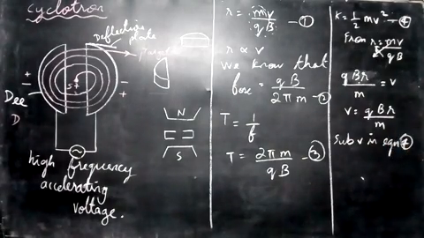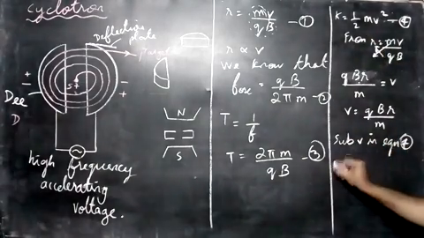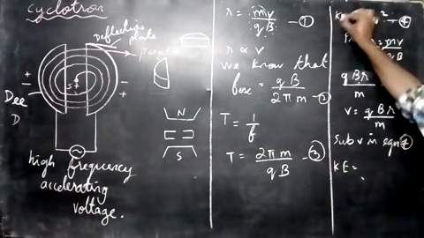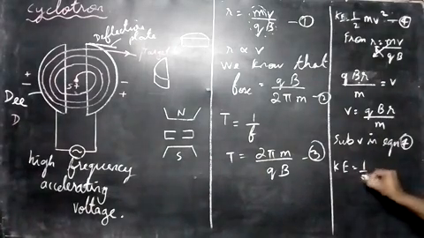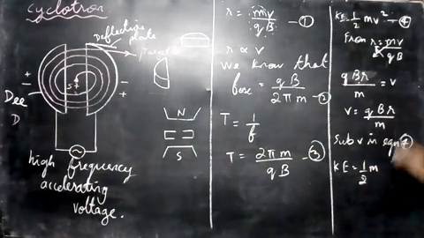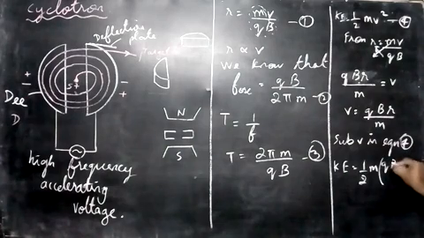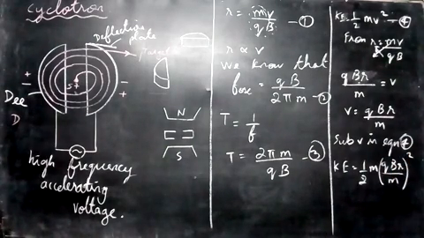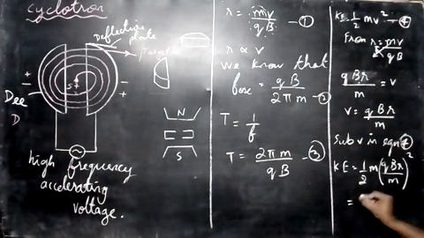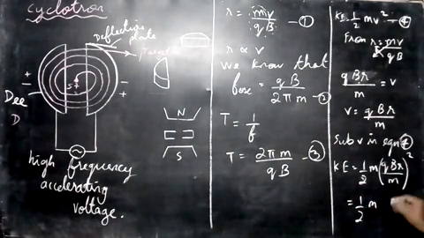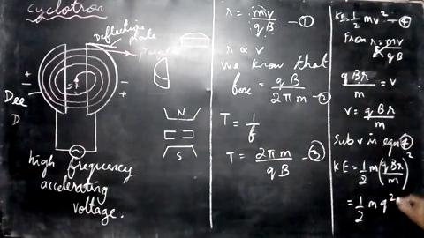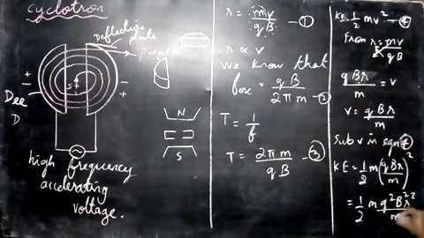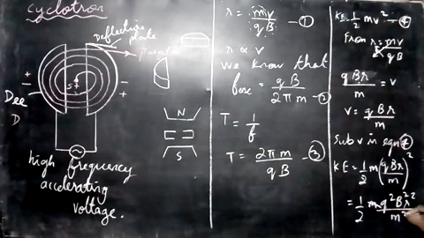On substituting, we get the kinetic energy, KE, equal to half into m into v square, that is qBr divided by m the whole square. So we get half into m into q square B square r square divided by m square. So m and the square will cancel.